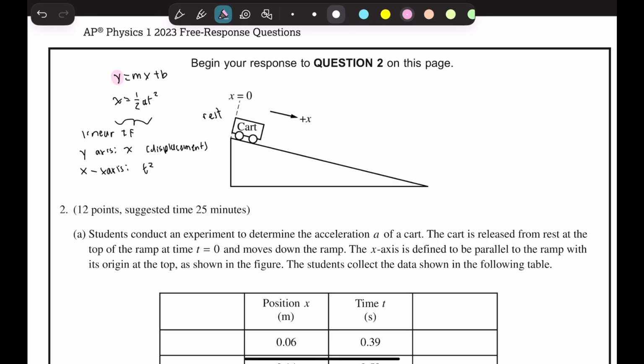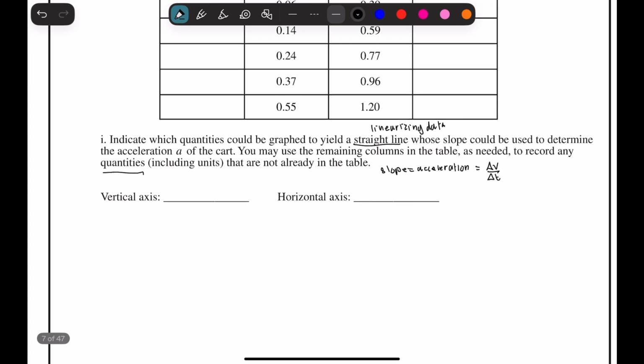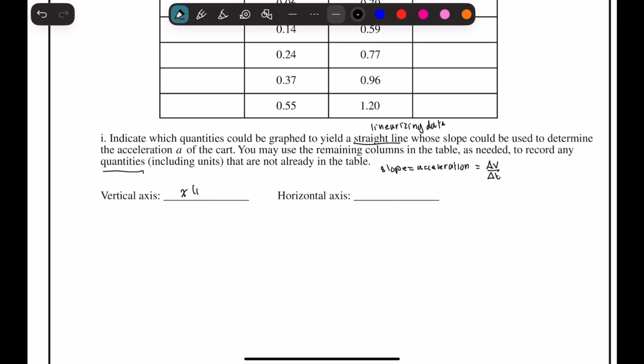We make our y-axis x, and then we make our x-axis t squared. Okay, t squared is going to be our x right there. Now we can write this here. So our vertical axis would be x in meters, and our horizontal axis would be t squared in seconds squared.